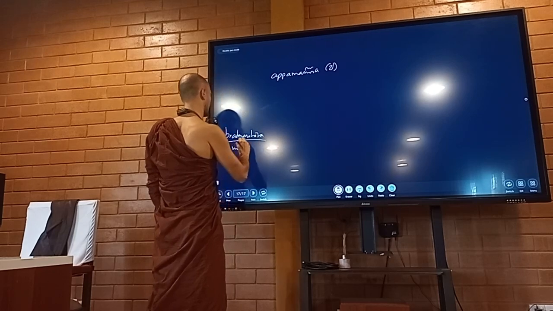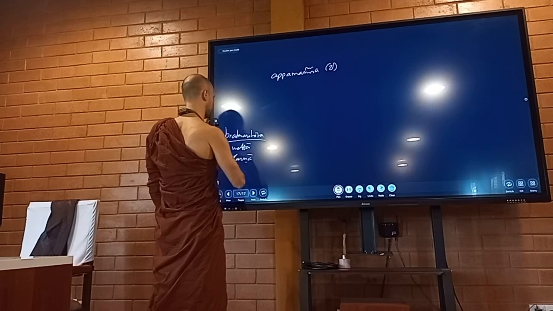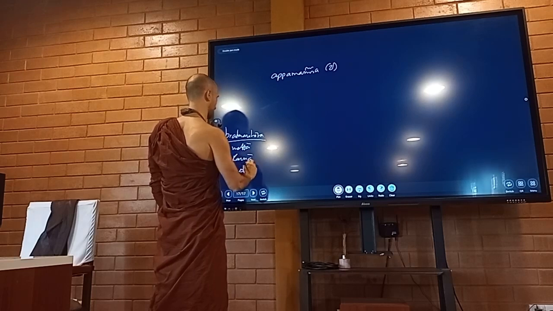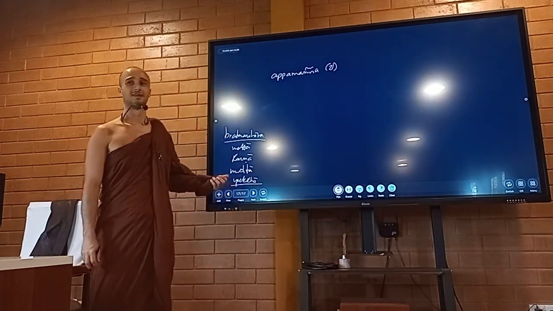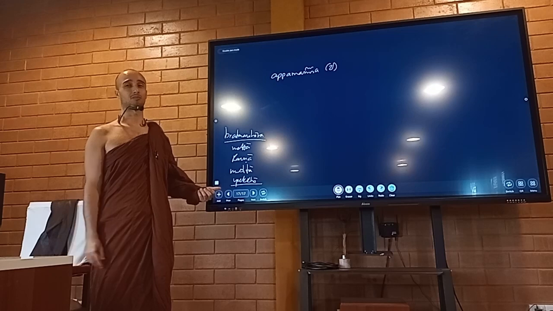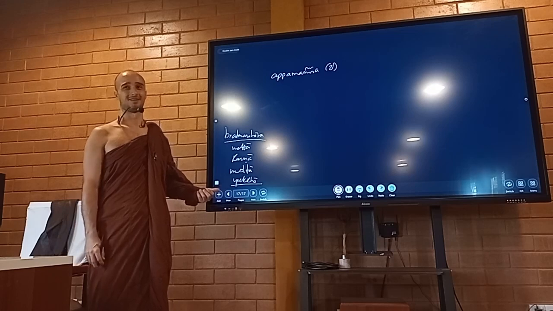We have Metta, Karuna, Mudita, Upekkha. Remember, what is this Upekkha? Tatramajjhattata, not the upekkha vedana.